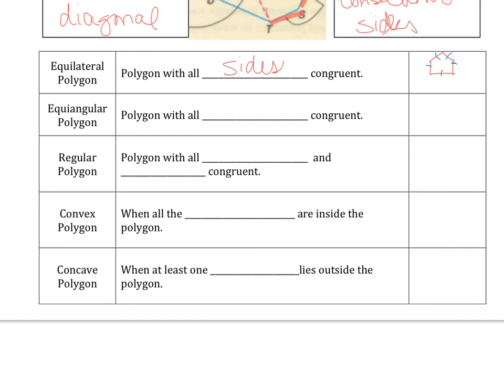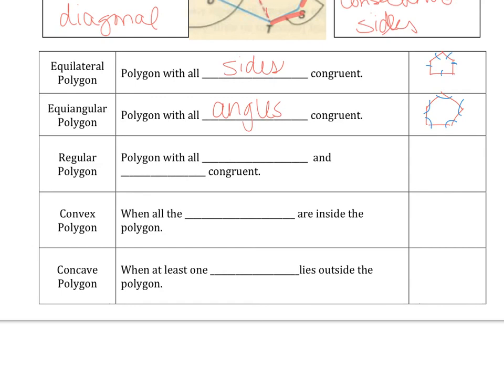An equiangular polygon is a polygon with all angles congruent. Give you another pentagon here, and this time all the angles would be marked congruent. All right.